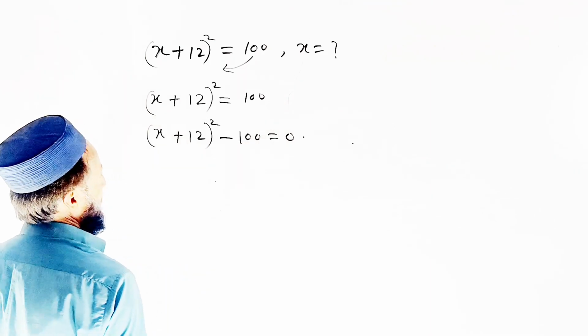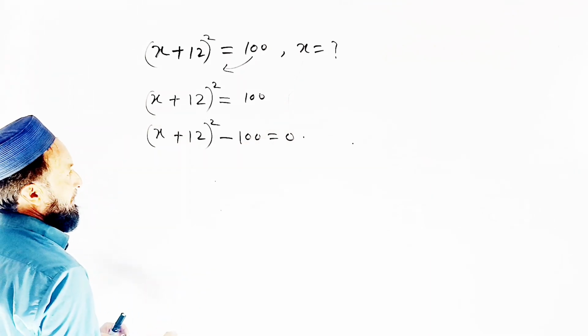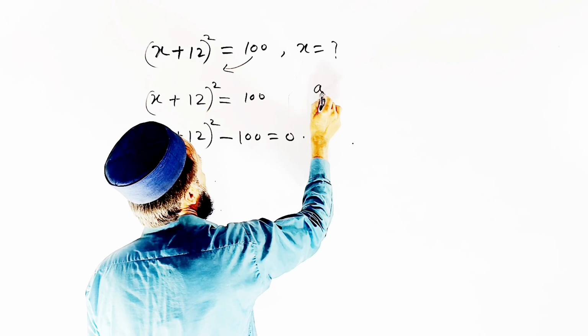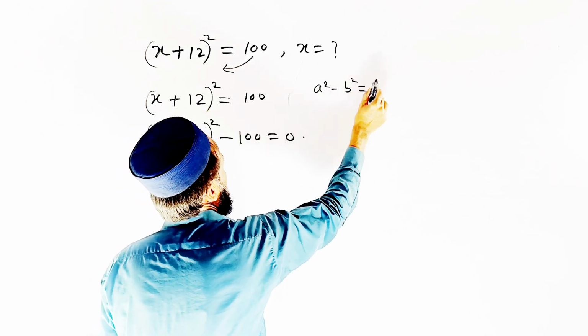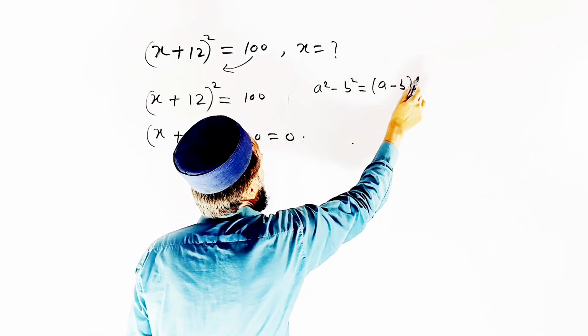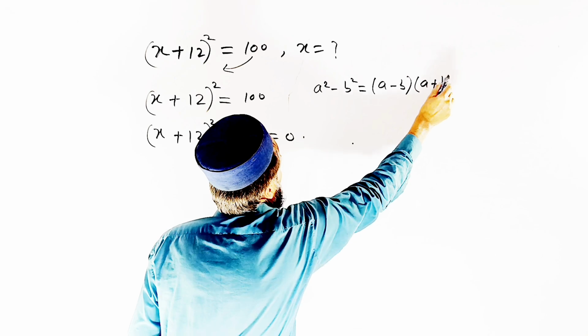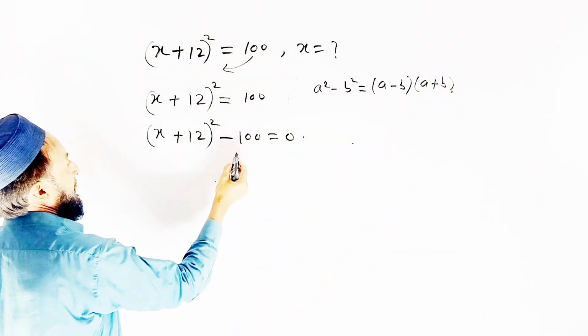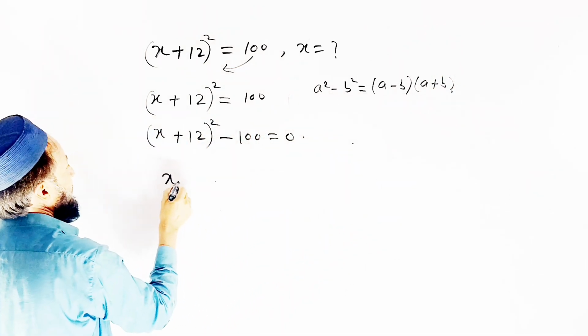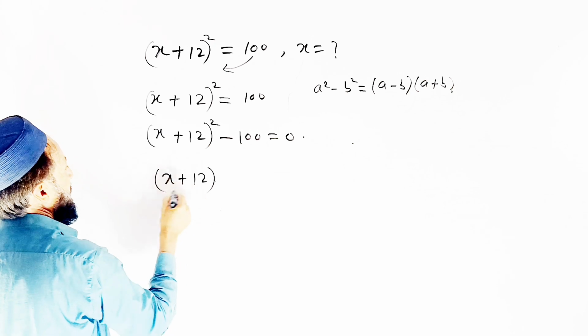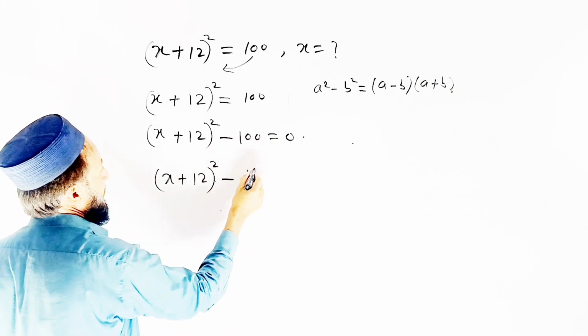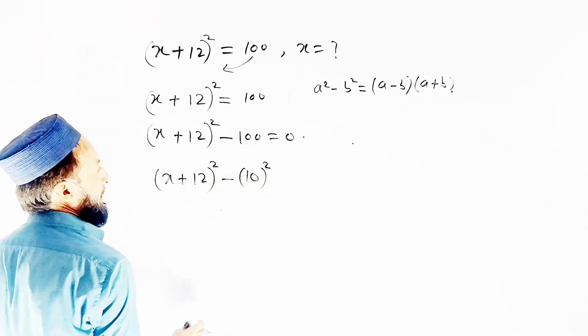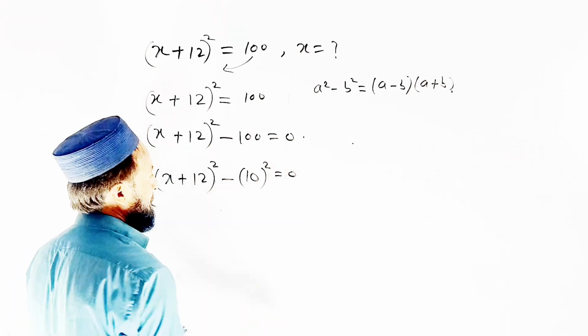Now we try to make one of the formulas, a² minus b² equals (a minus b) into (a plus b). According to this formula, here 100 we can write as 10², so we get (x + 12)² minus 10² is equal to 0.